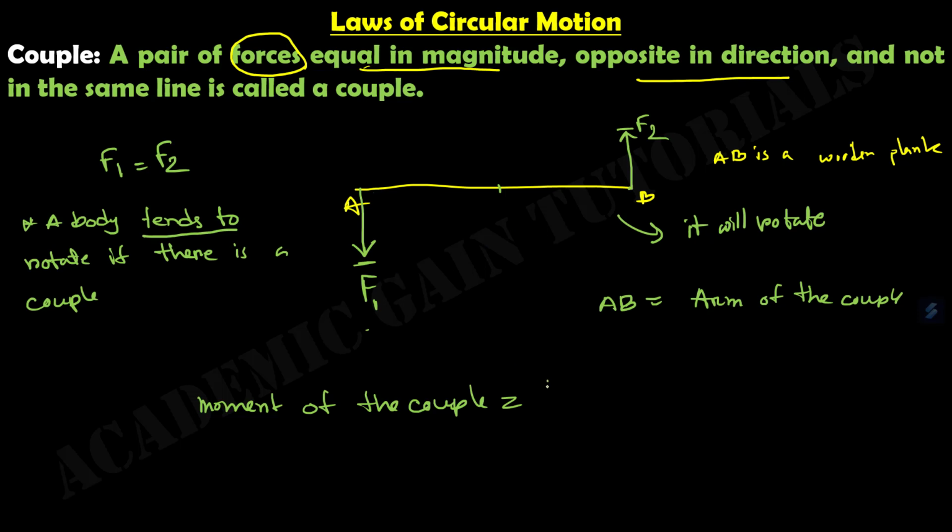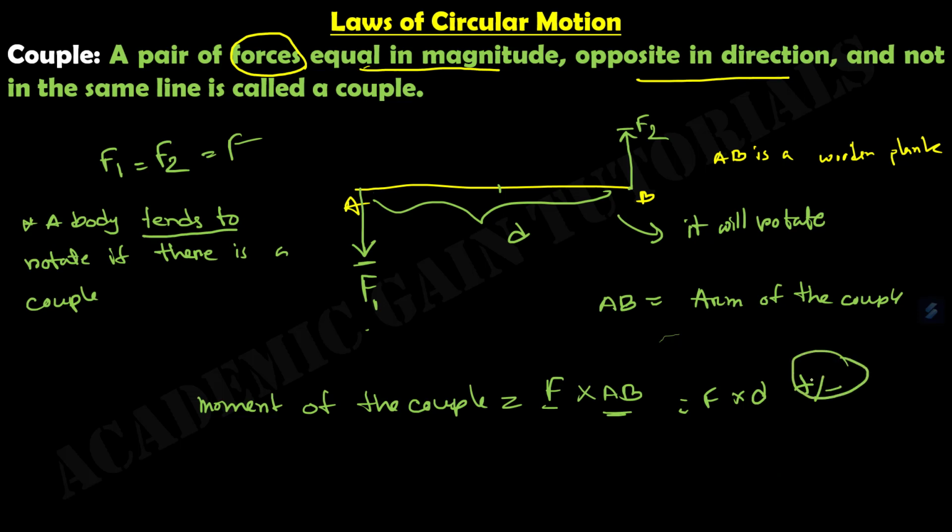Suppose F1 equals F2 equals F. We take one force and the distance between the forces, which is AB. If we multiply them, the product gives us a value known as the moment of the couple. If we call the distance small d, then we can simplify this to F into d. This moment can be either positive or negative.